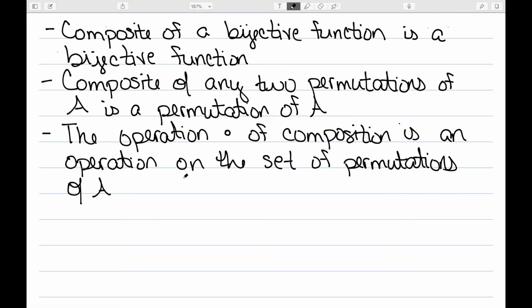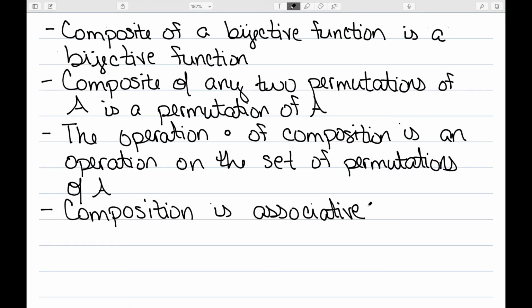This then gives us that the operation of composition is an operation on the set of permutations of A. So I have defined an operation on my group of permutations. While I will not prove it directly, composition is associative, so my associative property does hold for this operation.